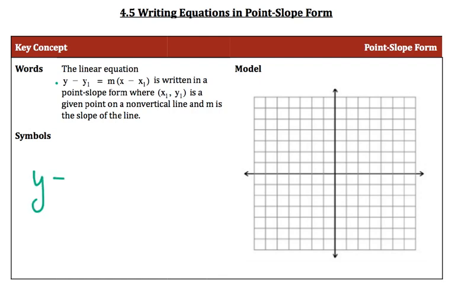Now this is y without a subscript or anything, so once we finish, we'll keep this letter y in there. From this y, we are going to subtract some point that we're given. So this is basically giving us the change in y here. And then over on the other side, we're going to have m, which is the slope. And again, this x doesn't have a subscript, so it will stay that way. And then we'll subtract x sub 1 there.